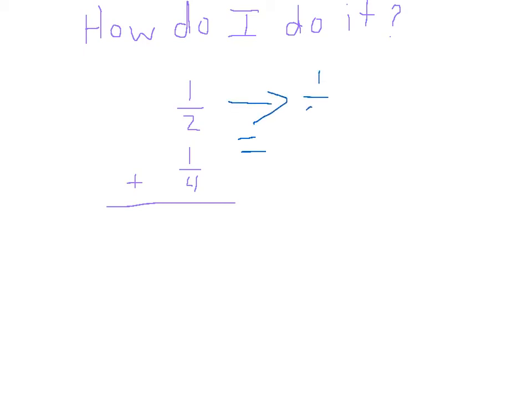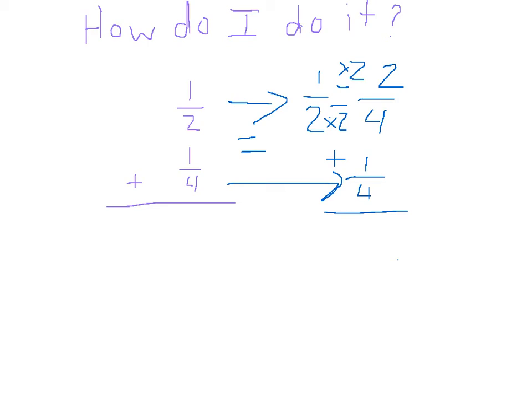I'm going to convert 1/2, and I want that to be a fraction with a 4 in the denominator. 2 times 2 is 4, so I have to do the same here. That gives me 2/4, and then I'm just going to slide this over because I already have a 4 in my denominator. So I've got 2/4 plus 1/4. I'm pretty sure you can do that. That's 3/4, my correct answer.